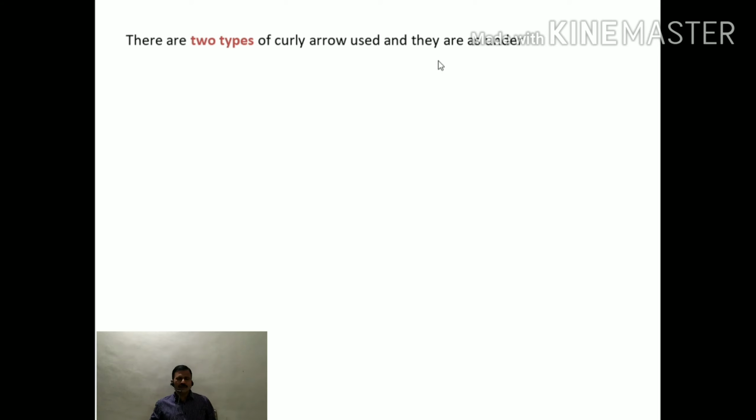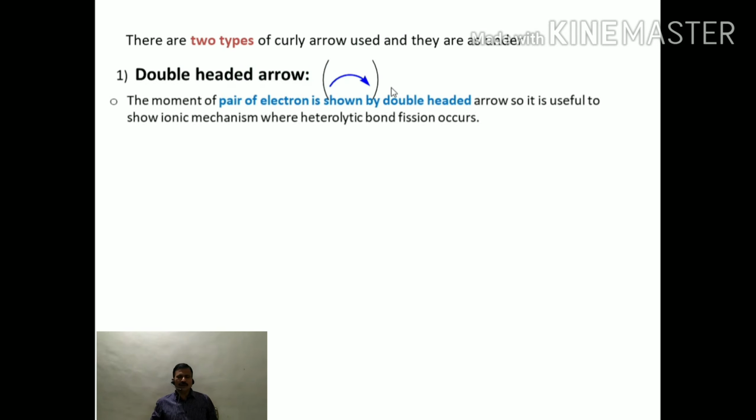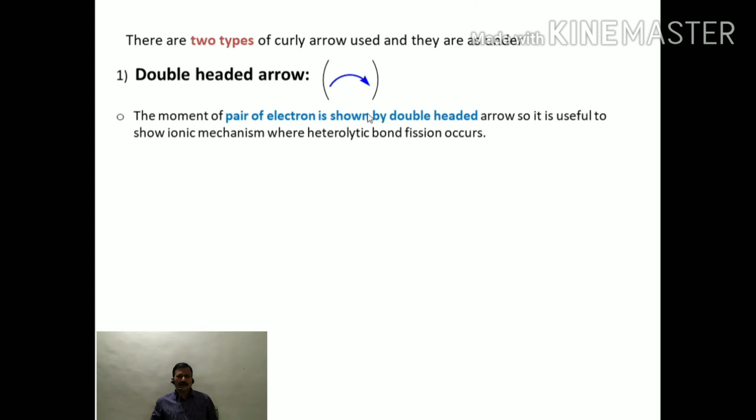Number 1, double-headed arrow, which represents the movement of a pair of electrons, and it is shown by a double-headed arrow. So this is useful to represent ionic mechanism where heterolytic bond fission occurs. Now how is it drawn?